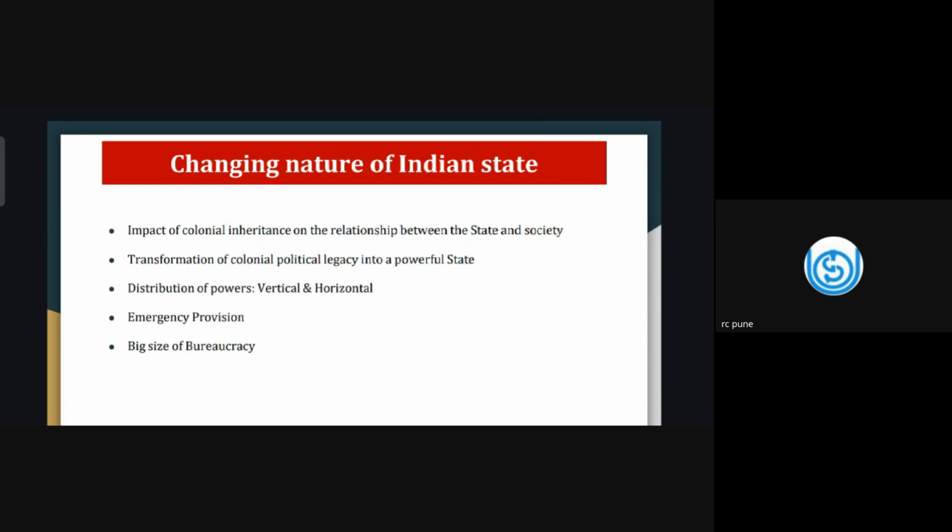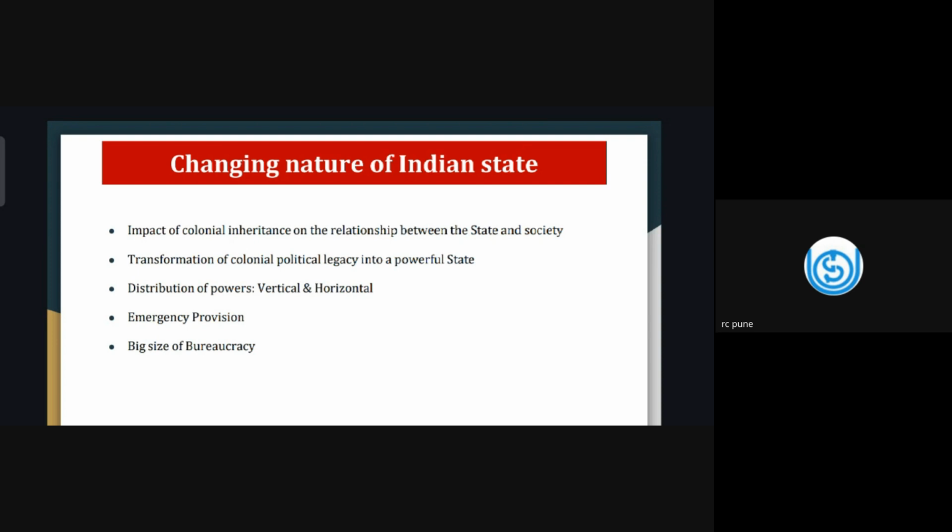Secondly, there is one more list which is called the state list, and as per the name, only those subjects are listed where only the state government can take action or decision. If you look at this, you will come to know that almost 70% of powers are given to the center and around 30% to the states.